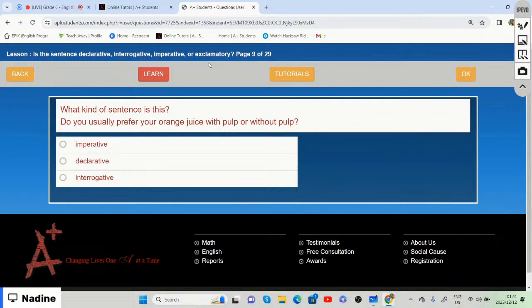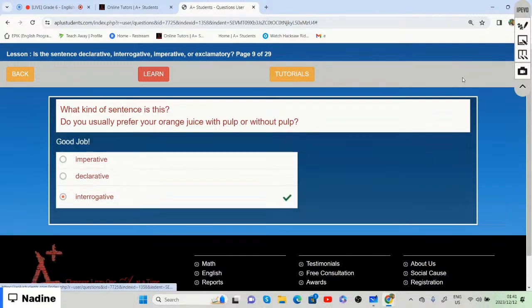So it basically ends with a question mark, right? So if it ends with a question mark, we say it's an interrogative sentence because now it becomes a question that's being asked, right?